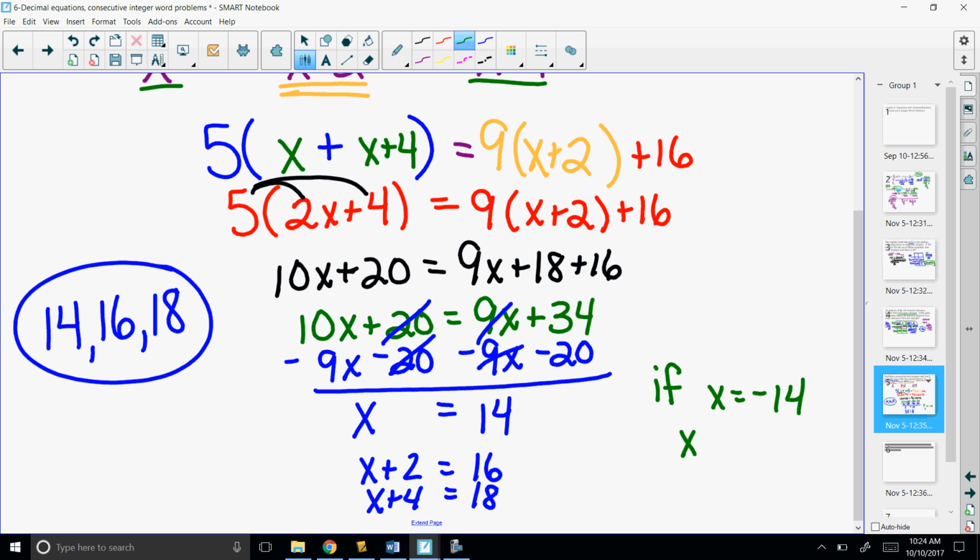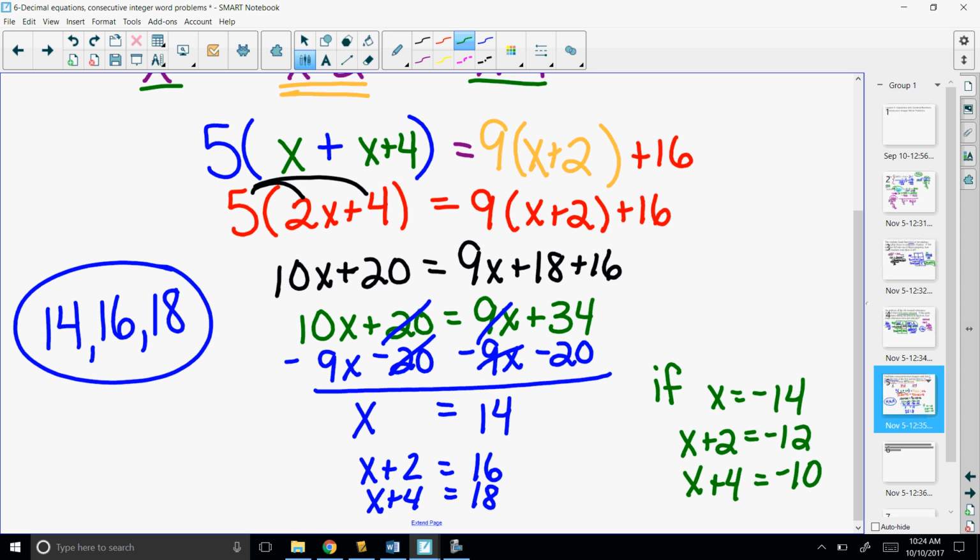I'm going to take negative 14 and add 2, and negative 14 plus 2 is negative 12. And then I'm going to take negative 12 and add another 2, which is negative 10. So absolute value-wise, it goes in the other direction. Be careful of that.